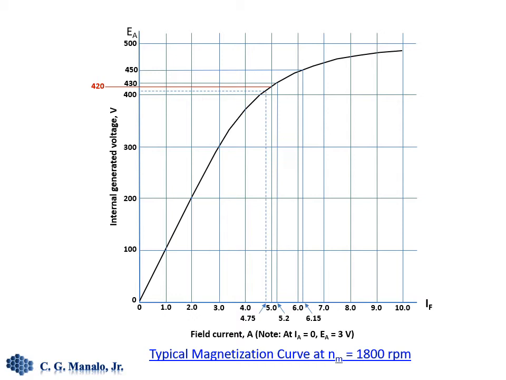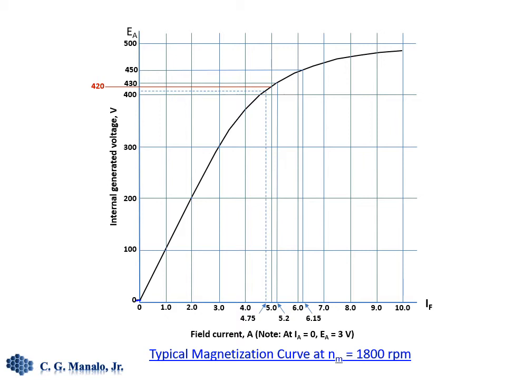This is a typical magnetization curve that was acquired at 1,800 revolutions per minute rotational speed. The internal voltage was measured at different values of I sub f. Take note that at I sub f equals 0, there's a very small voltage due to the residual flux.